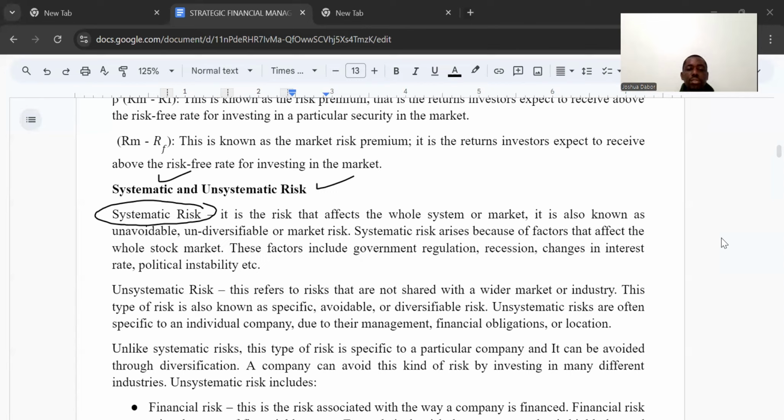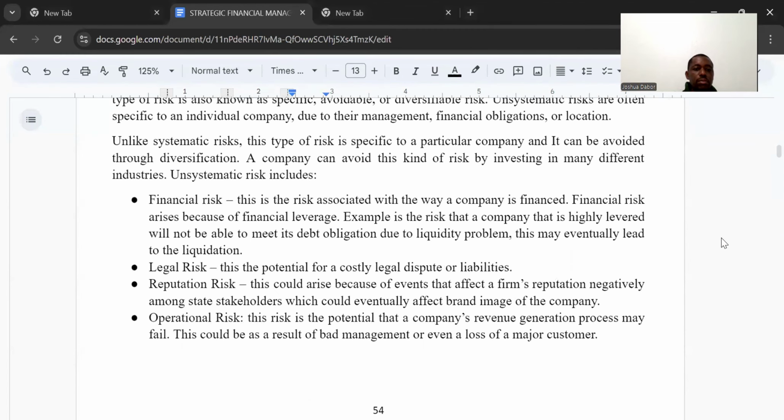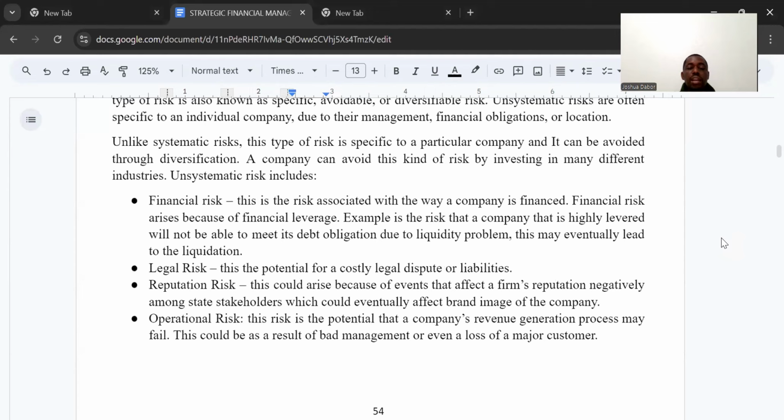Okay. Unsystematic risk is specific to a particular company and it can be avoided through diversification. A company can avoid this kind of risk by investing in many different securities. Let's look at the types of unsystematic risks. They include financial risk.